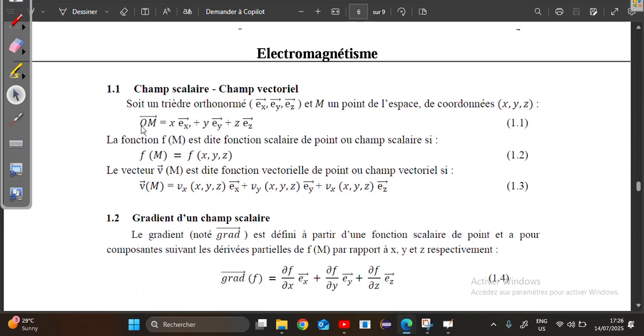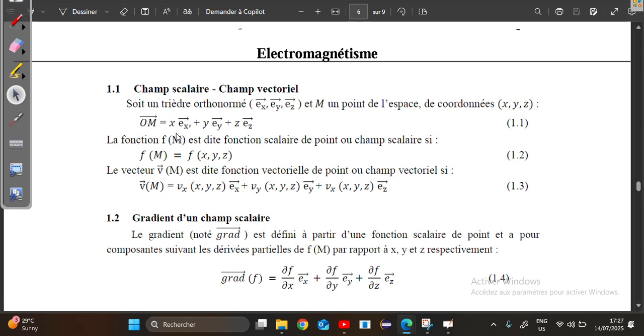Okay, so we define a vector OM to be x ex plus y ey plus z ez. For people who just joined us, I emphasized that whenever you're writing a vector, s'il vous plaît, this is a mistake that I've noticed from the students that I'm teaching in my special classes.